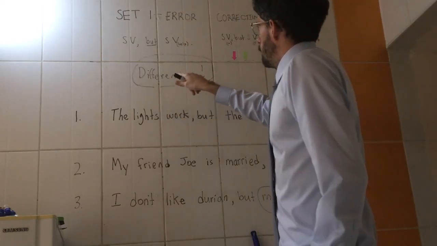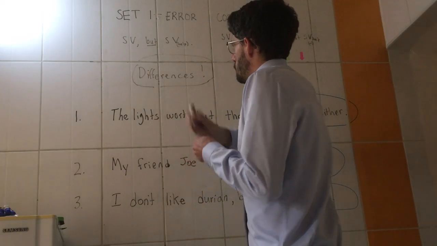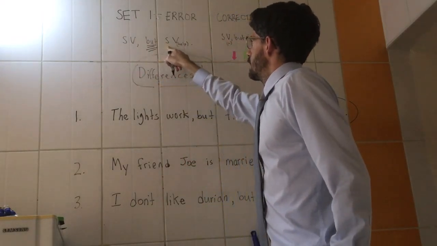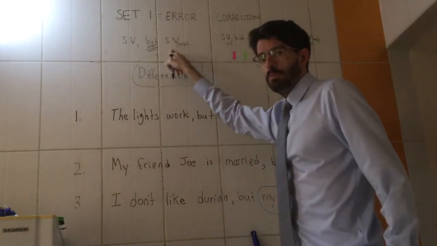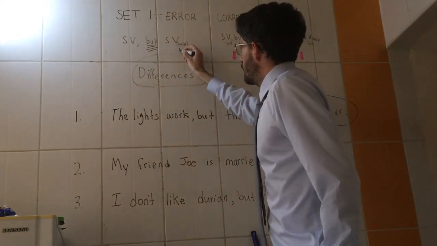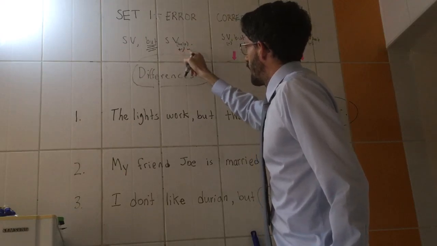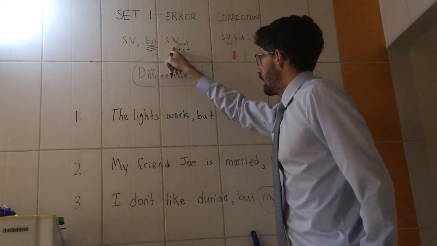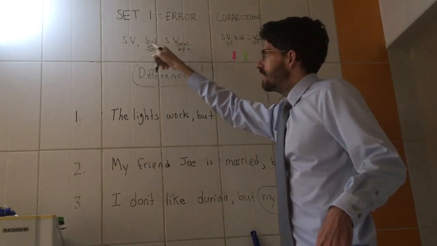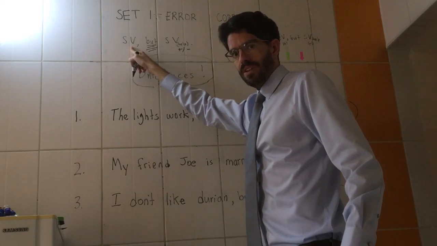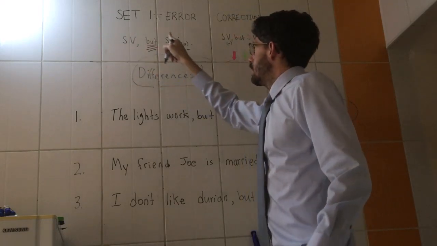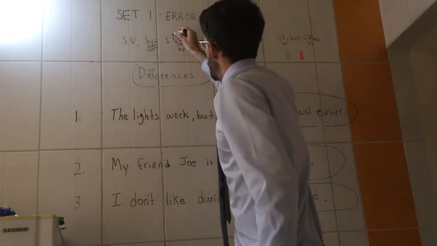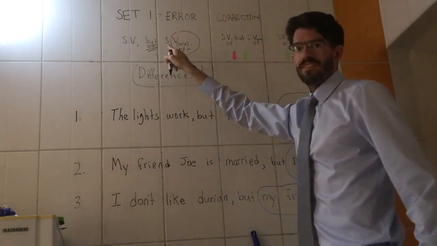So, we can use the conjunction but: subject, verb, comma, but, subject, helper verb, okay? And so you have to switch the sign. If this one is positive, this helper verb has to be negative. If this main verb is negative, this one is positive. So you have to switch. That's the important part, okay?